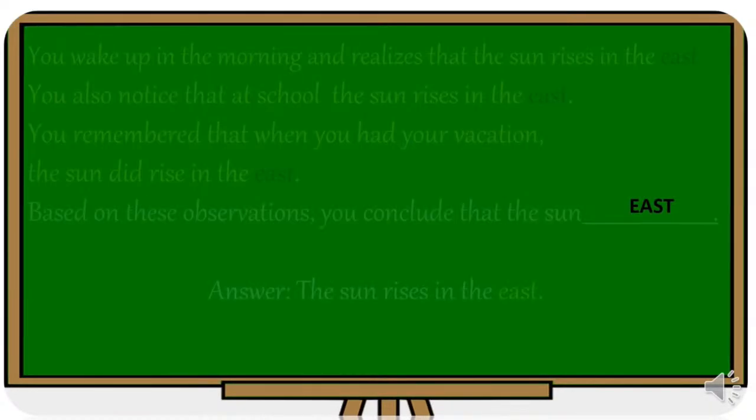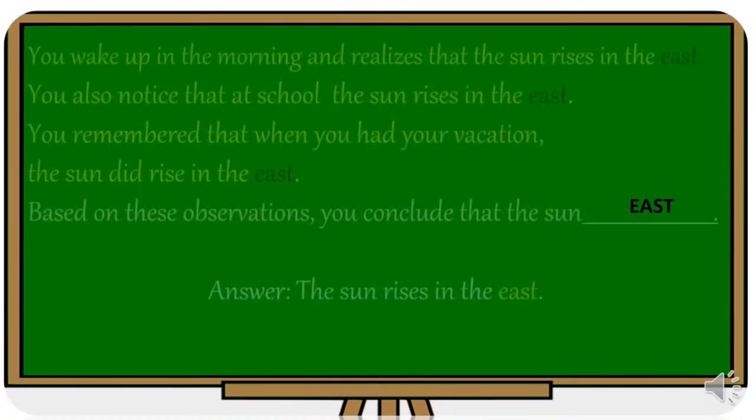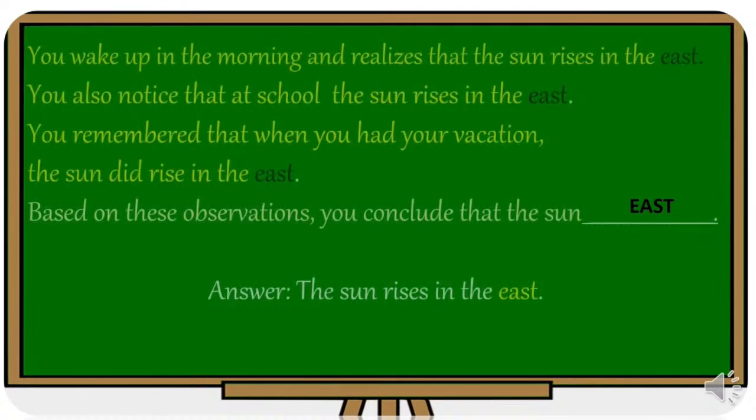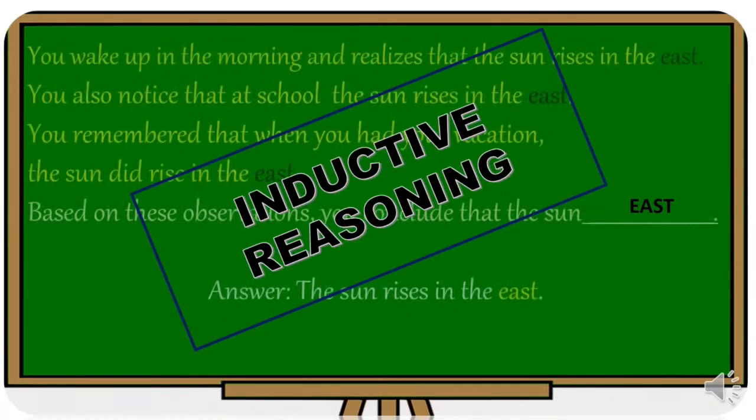How did you come up with your answers in our first activity? In activity 1, you were able to draw an answer or a conclusion based on specific examples or events. This kind of logical reasoning is called inductive reasoning.